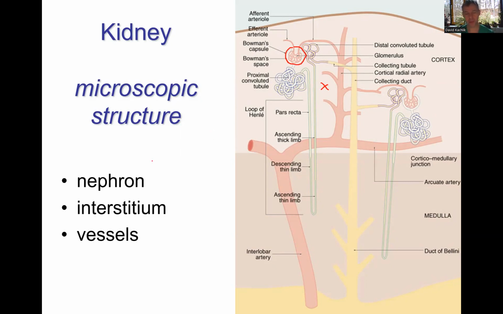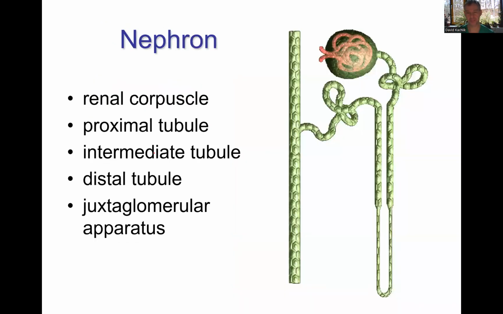So now we will concentrate on the nephron parts and on vessels. So the nephron is composed of a system of tubules, which are green here. Then it's composed of this, which is called the renal corpuscle, and it's a sac filled with capillary loops. And then a structure which is not shown here, but I will just mark it.